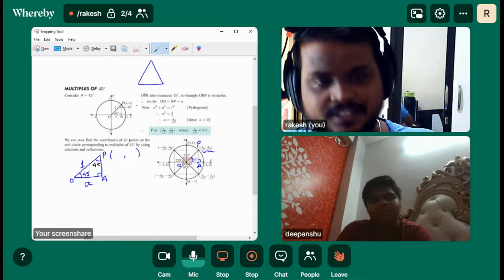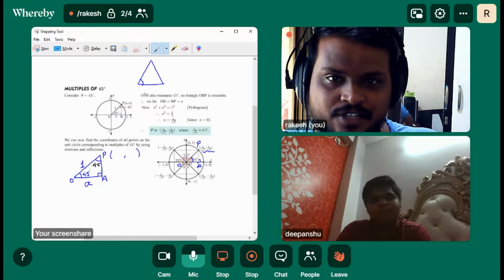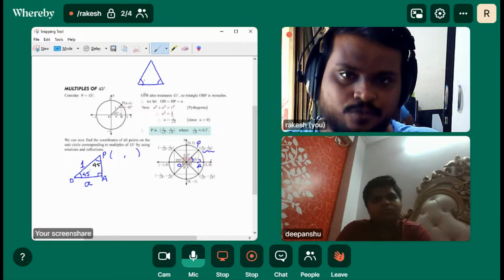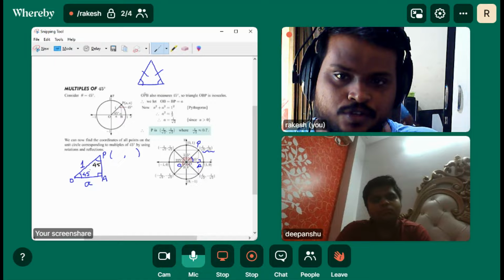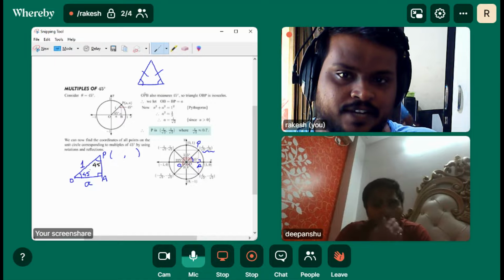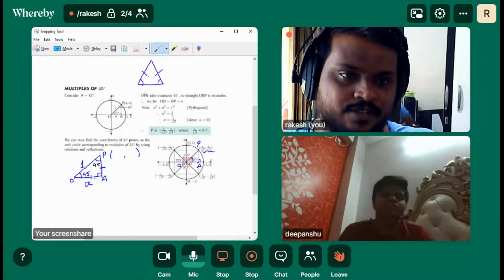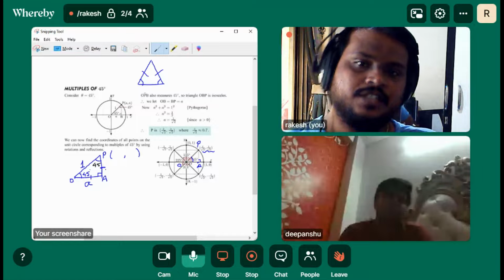Isosceles triangle. Yes. Because of isosceles triangle, both angles are 45. If both angles are equal, their opposite sides are also equal.